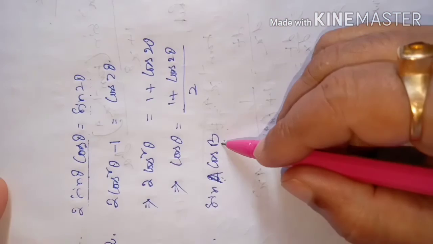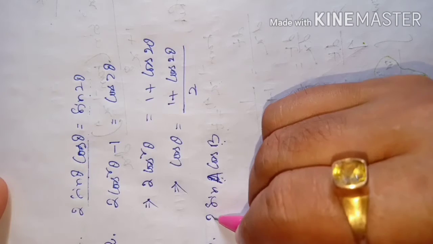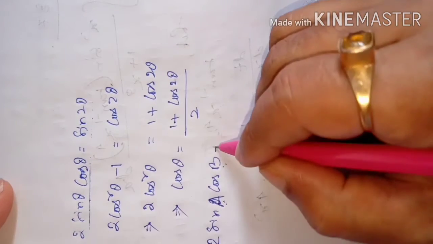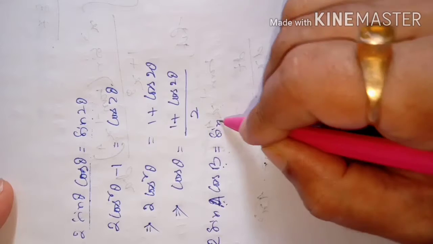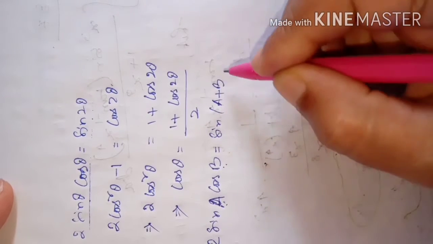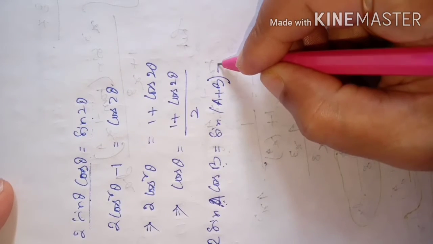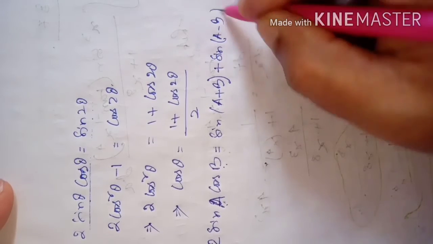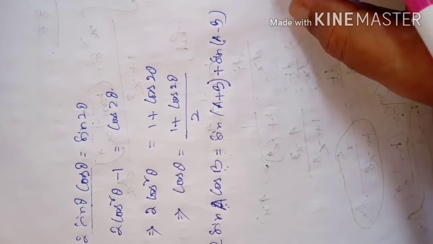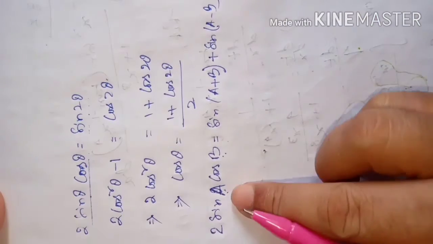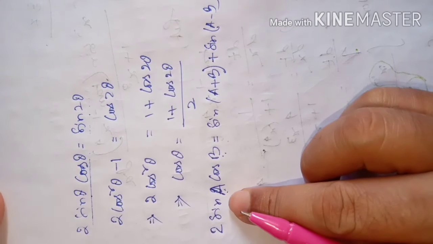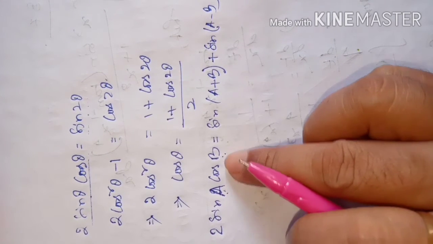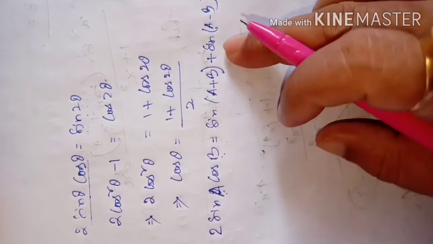If the angles are different, then 2 times sine A cos B is equal to sine of A plus B plus sine of A minus B. So whenever a problem is given in terms of sine and cos but the angles are different, we can transform it into this form.